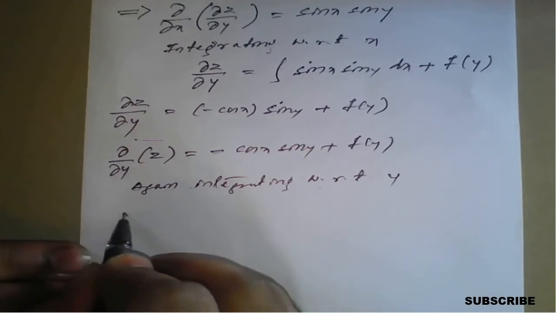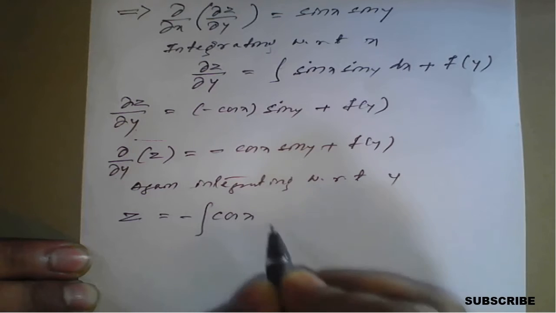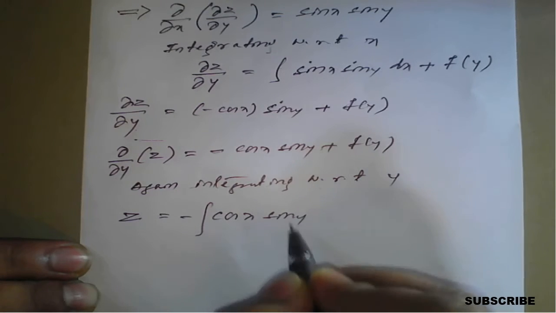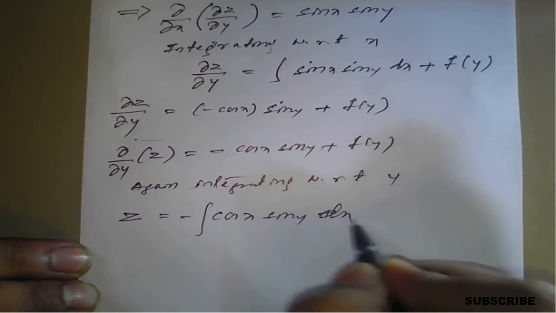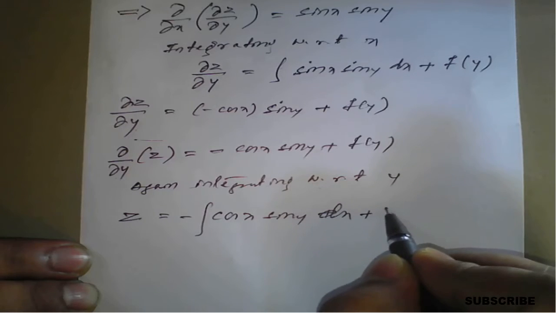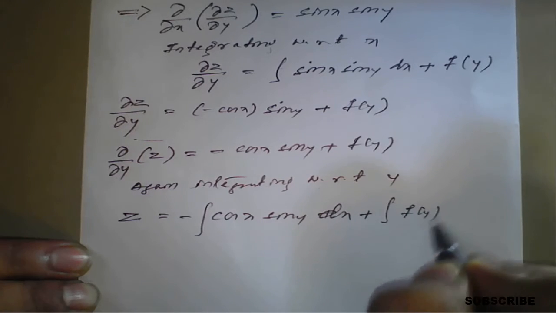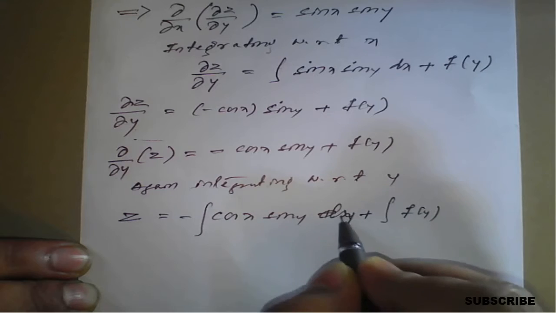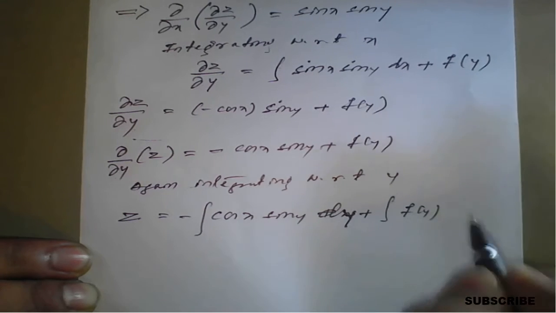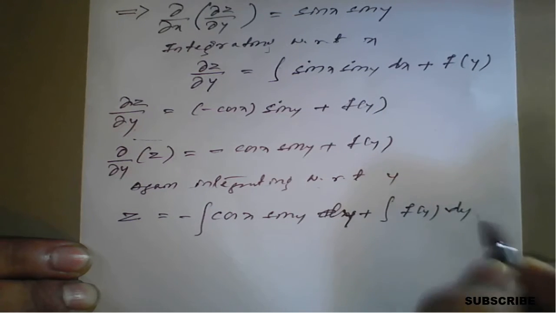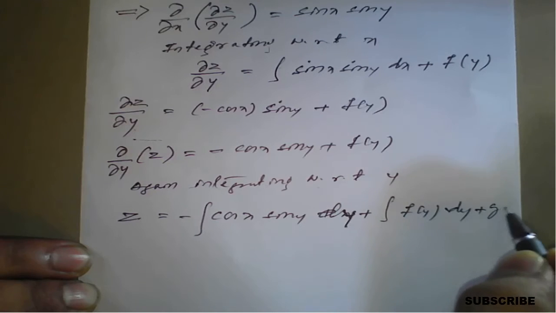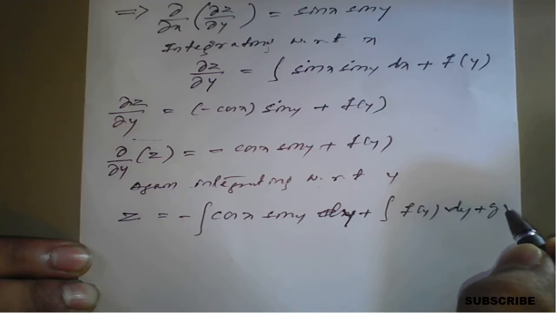What is left is z equals minus the integral of cos x sin y dy plus the integral of f of y with respect to y, plus an arbitrary function g of x.